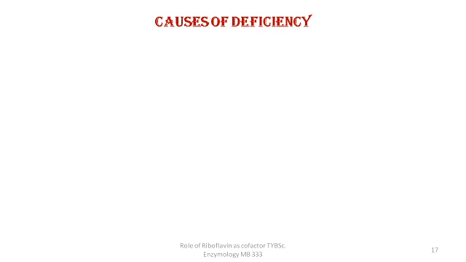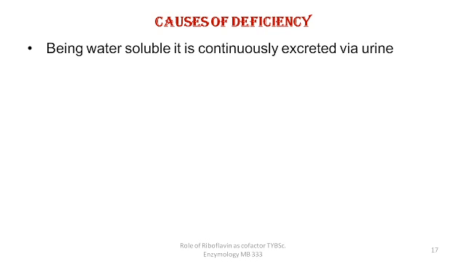These are the major energy-generating nutrients that we consume, and so obviously the energy-generating process will be affected. We'll have less energy, and that is what will lead to the fatigue we might experience due to the deficiency as an overall symptom. The cause of deficiency is that, since it is water soluble, it is continuously excreted, and this demands regular intake of the vitamin in our daily diet.